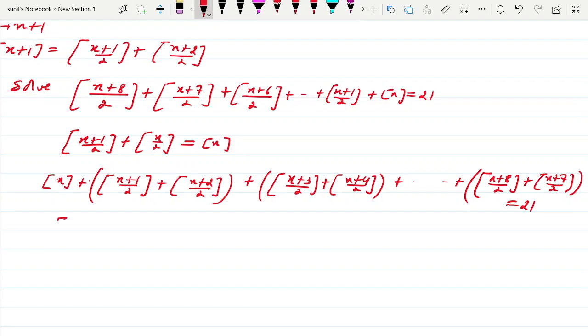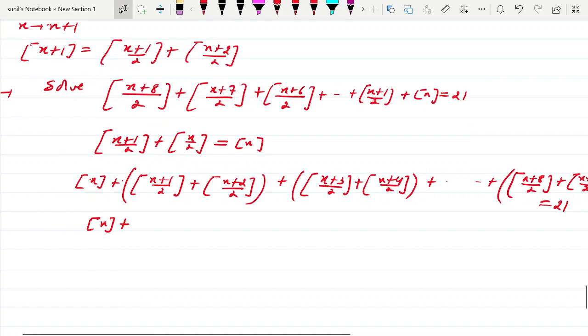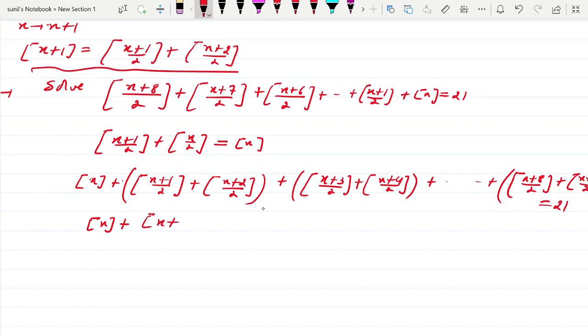Now guys, this is bracket x. Now what you will say about it? Now see, we have just established this. This is bracket x plus 1. What about this? On the basis of this, can you tell me?